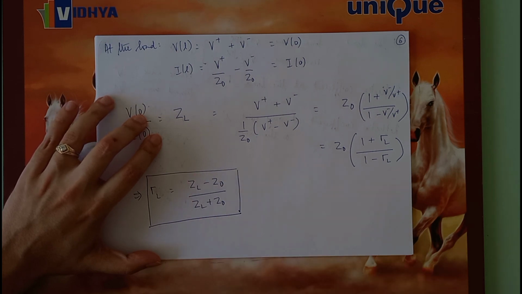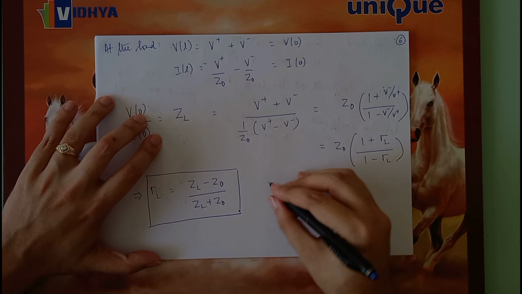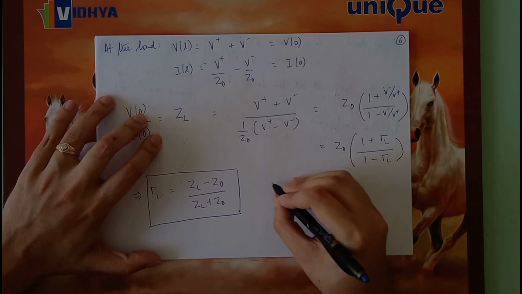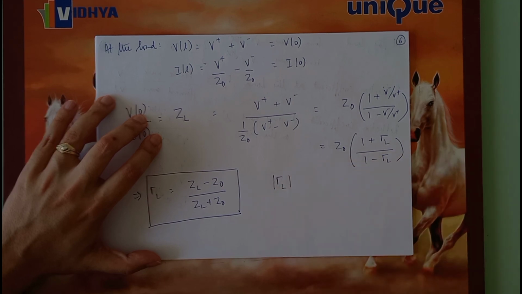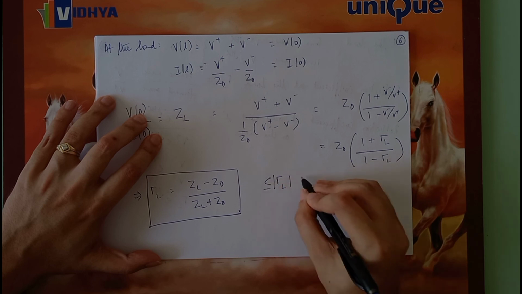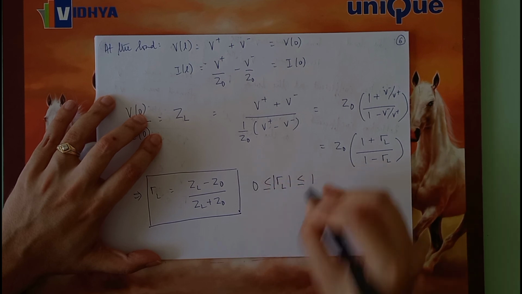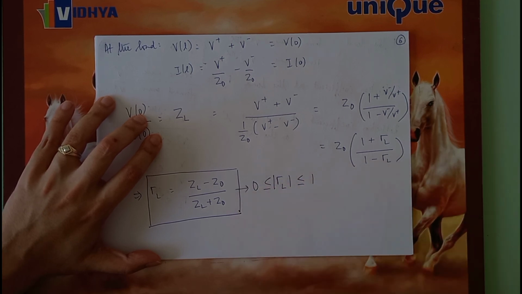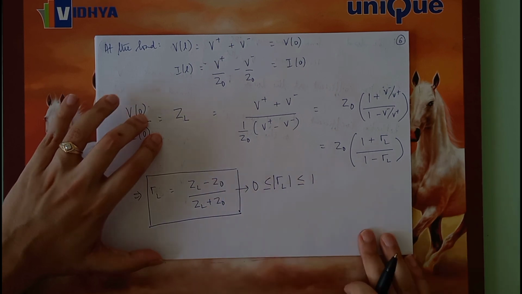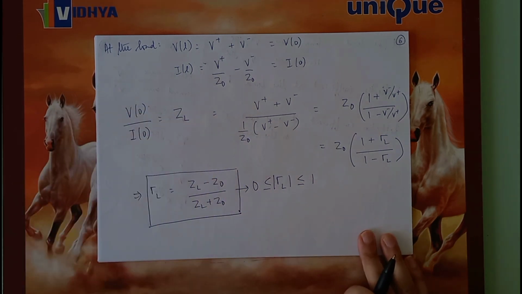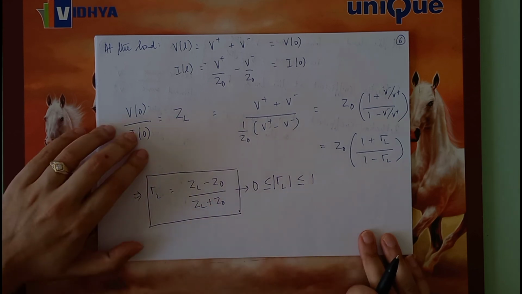Now, just by looking at this, I can say that the magnitude of gamma L will always be in this range, 0 to 1. This is something which I can say just by looking at this, because in magnitude this ratio can never ever exceed 1 because the numerator will be always smaller or equal to the denominator.